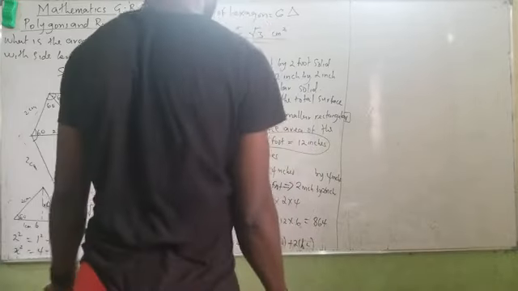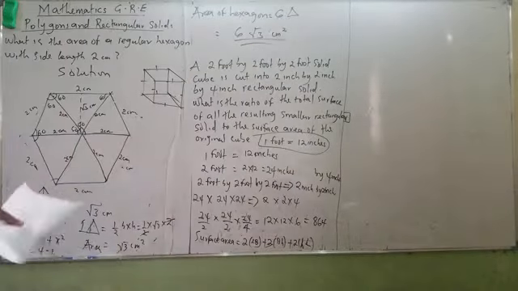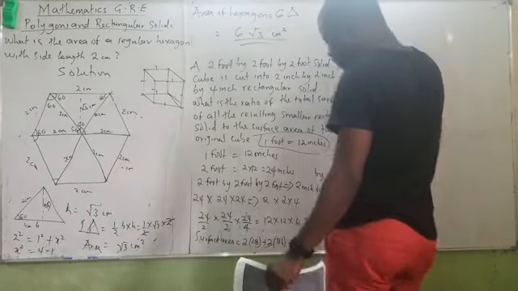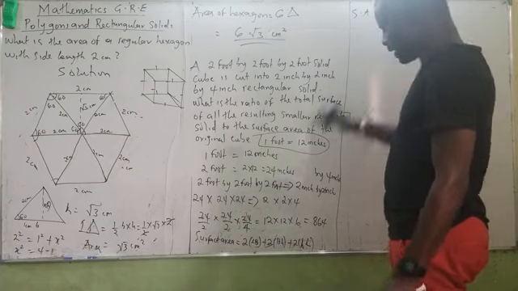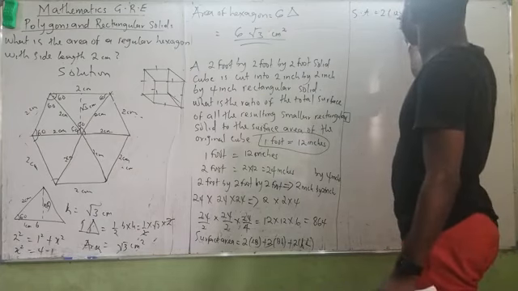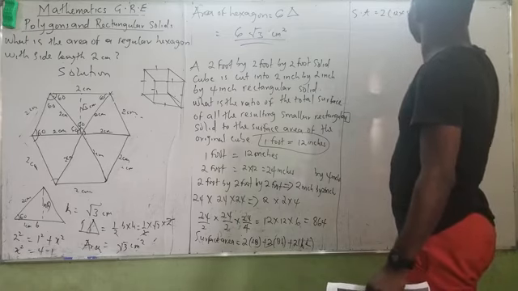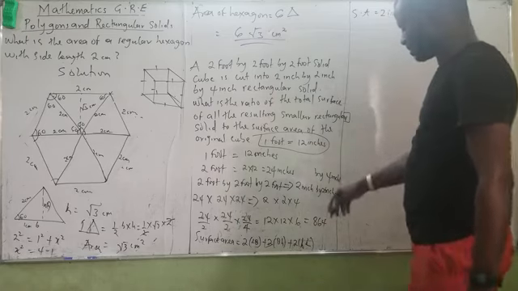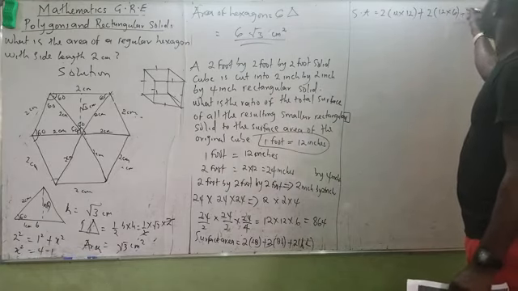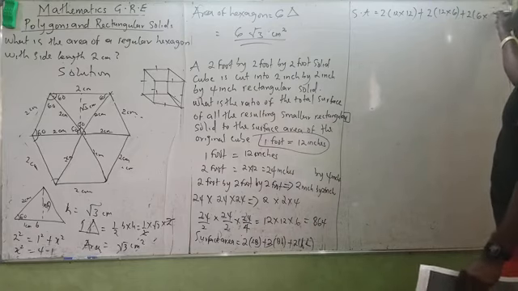That is what we are talking about, height and length. Now, since I have this, the surface area will be equal to 2 multiplied by 12 times 12 plus 2 multiplied by 12 times 6 plus 2 multiplied by 6 times 12.